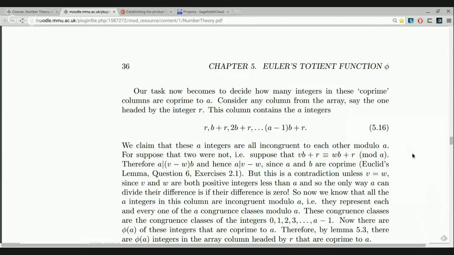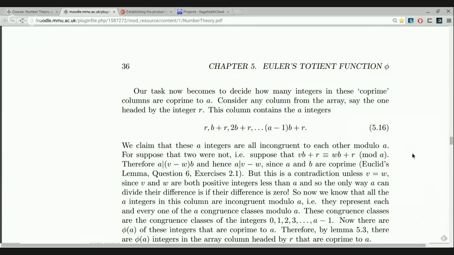But now, key assumption at the start of this proof is that a and b are a co-prime pair. So here we've got a dividing a product. One of the factors is b. Euclid's lemma tells us then that a has to divide the other factor. You've got a dividing a product of b times something else, but the a and the b are co-prime.